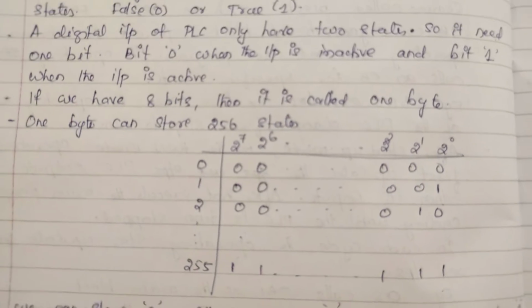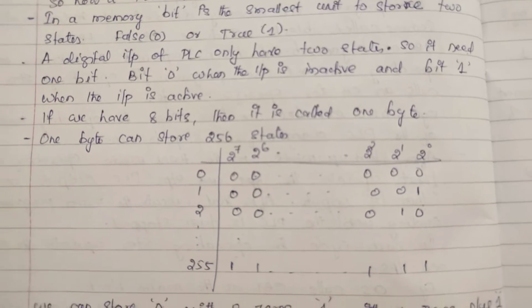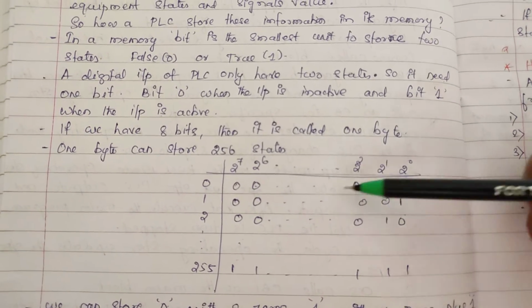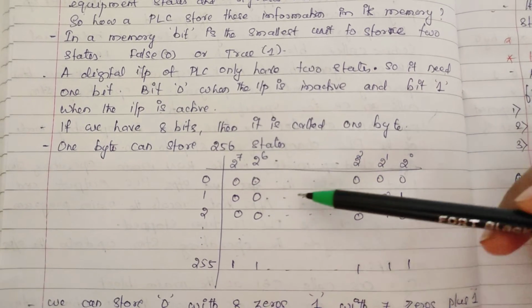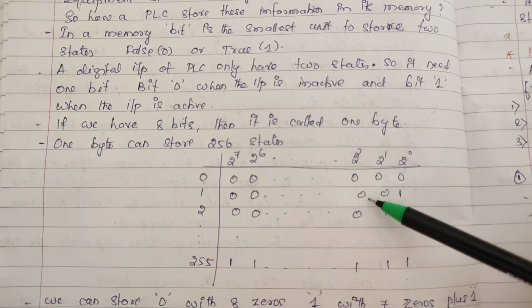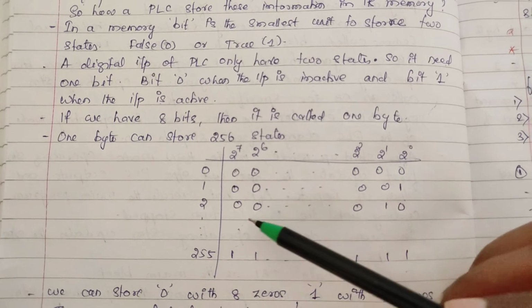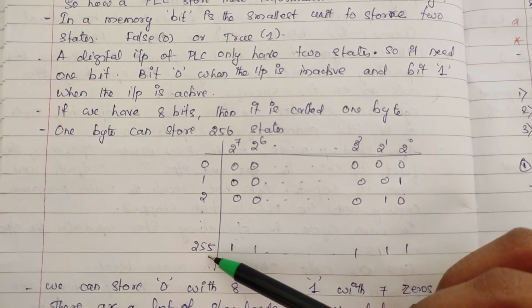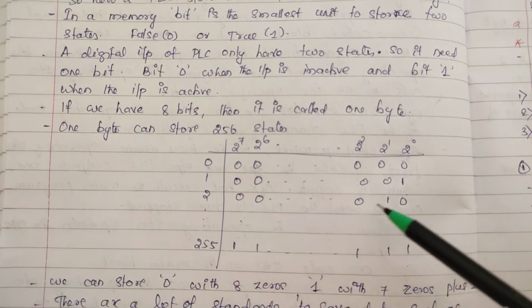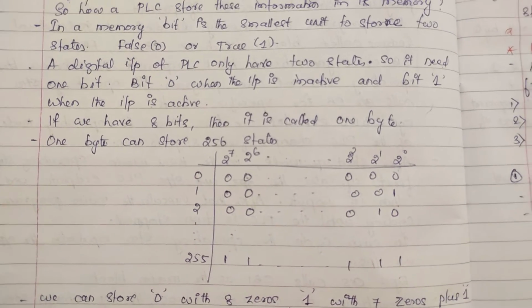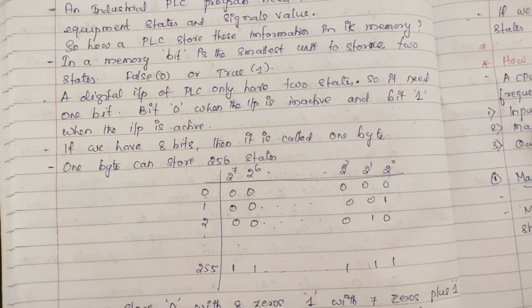If you see this table, from 2 raised to 0 to 2 raised to 7, you will understand. 0 I can represent with all bits 0, 1 with seven 0s and one 1, and similarly the last state, 255, with all bits as 1, right? So this is what it means.